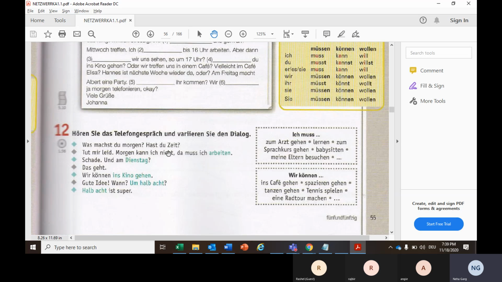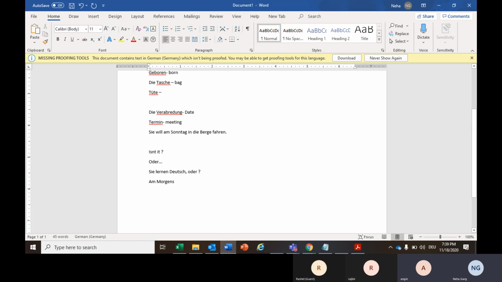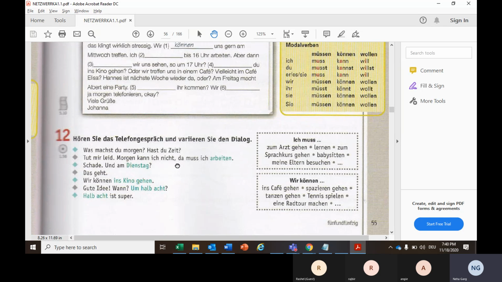Okay, guys. Sorry to interrupt, but this conversation between Rajbir and Rachel, can we do it in a formal way? Here we have used a lot of du. Can we use Sie, with capital S, which we use for formal conversation? Though we don't use this with friends, just to quickly enhance our vocabulary and grammar in speaking practice, it will be good if we replace du with Sie. So you have to conjugate the verbs as per Sie.